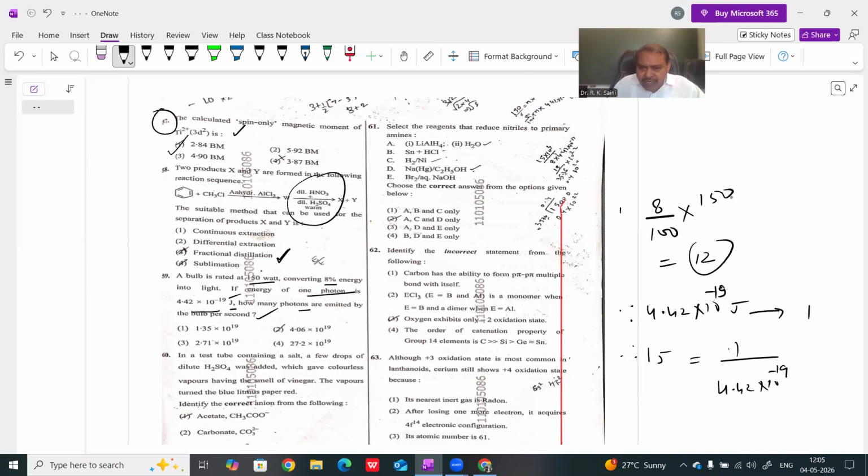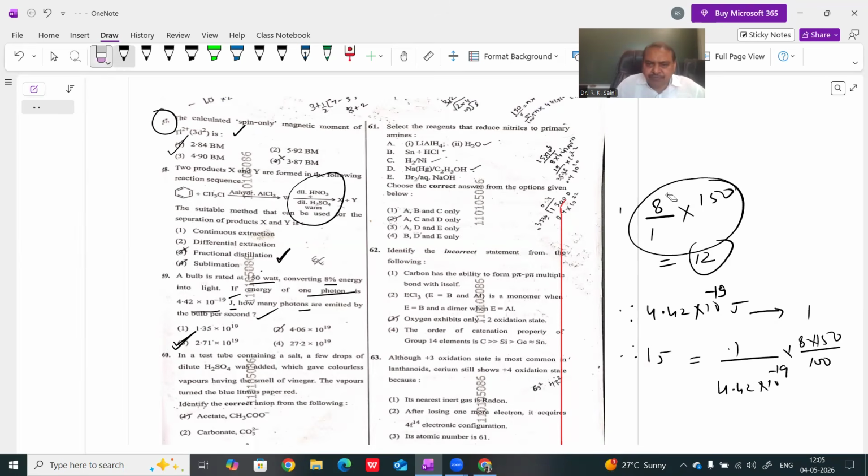And the total energy emitted by the bulb is 8 × 150 upon 100. Hence our answer is 2.71 × 10^19 photons emitted by the bulb per second.